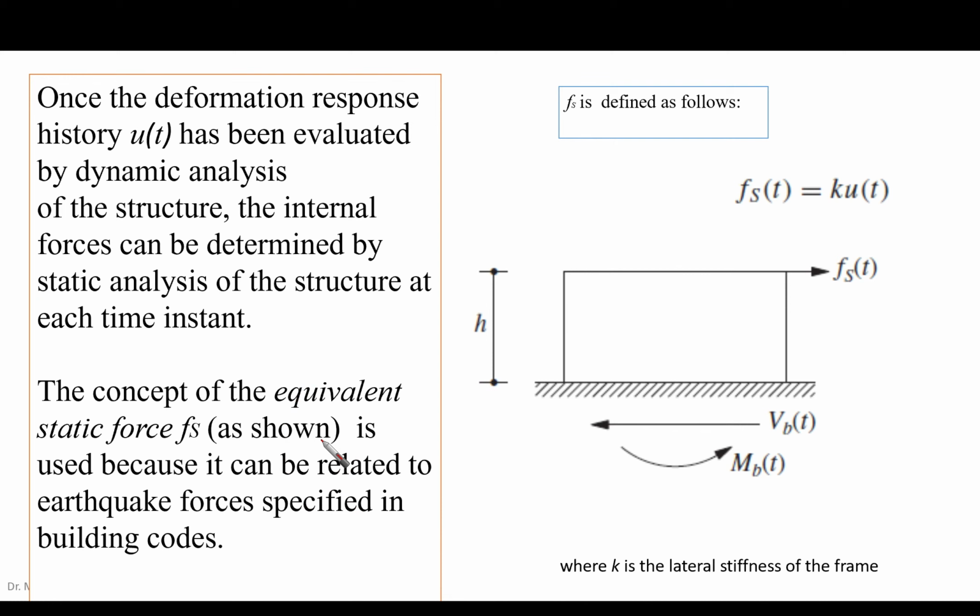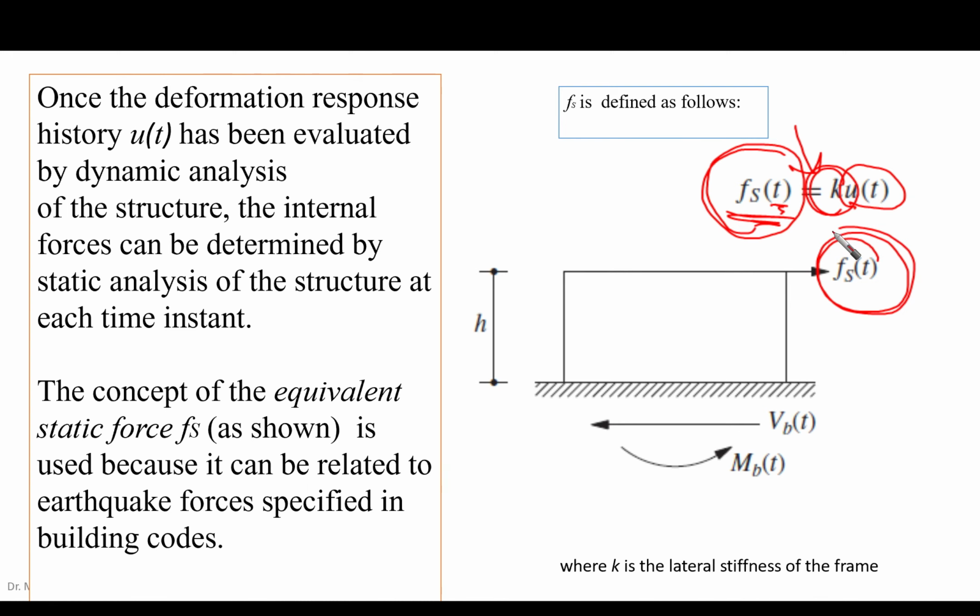Now after knowing u of t, we can multiply it by k, which is the stiffness of the system, and then we are going to obtain f of s. So these are the elastic forces that are going to be developed at each time instant. Okay, so it is variable. And this f of s is going to be as if it is the lateral force applied at this level of the structure.